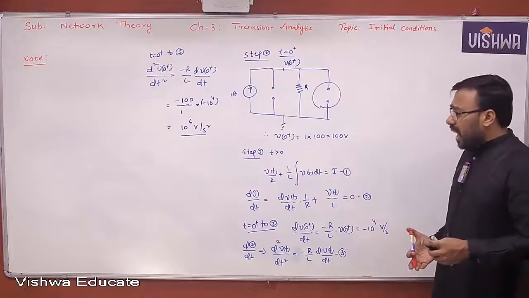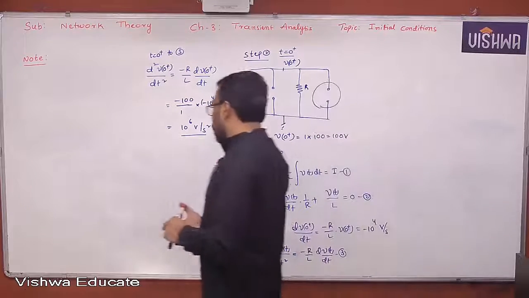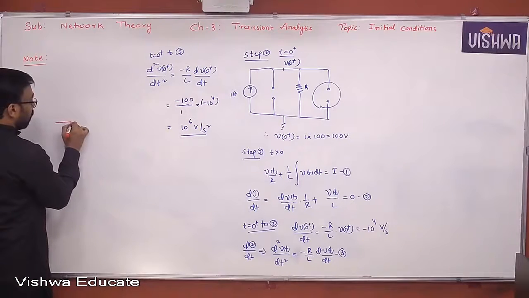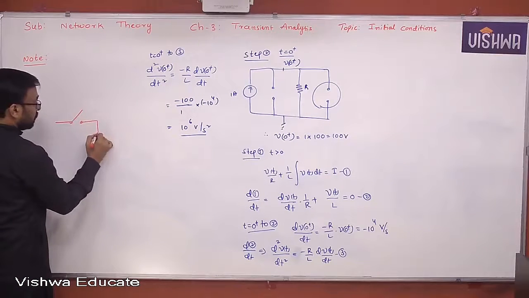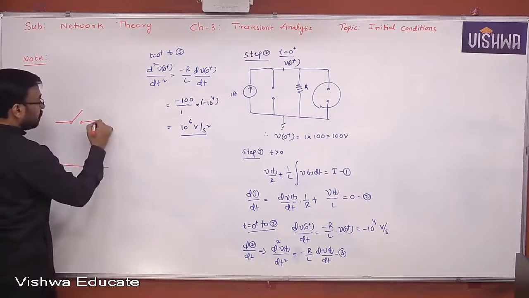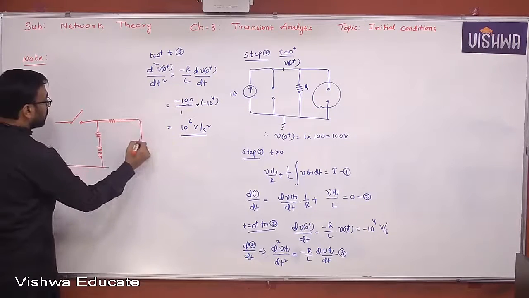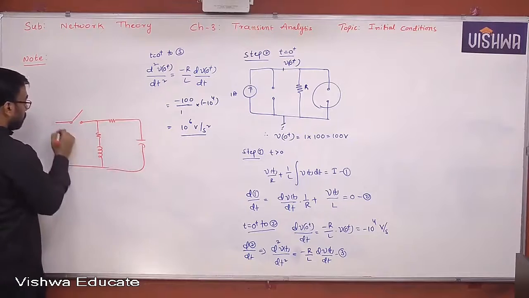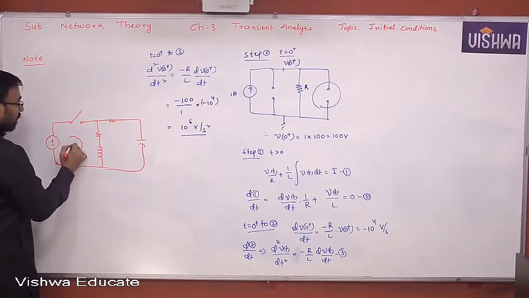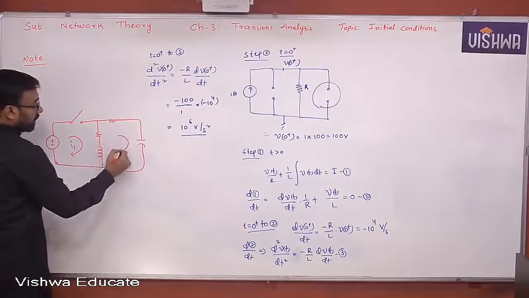But when you have a complex network, for example, you have a network like this. Assume that there is a network something like this. This is I1 and this is I2.